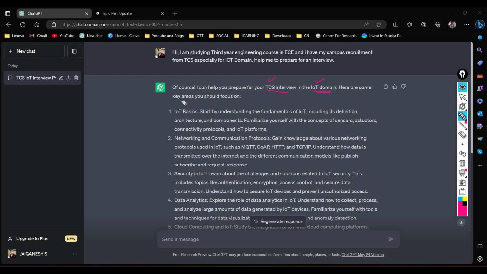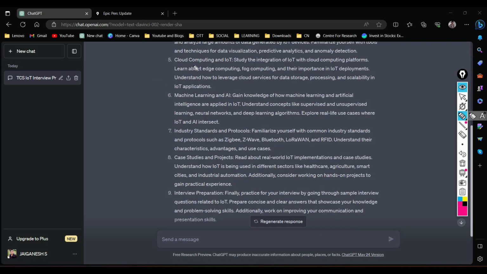And here it says what the key areas are which I have to prepare. So here we can take quick notes on it. I will have to be familiar with IoT basics, networking and communication protocols, and the security protocols in IoT, and I should always know what data analytics is happening.